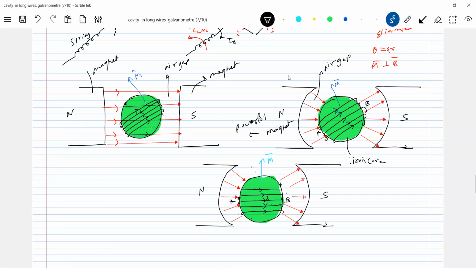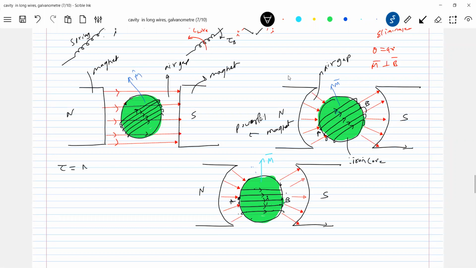So let's write some mathematical equations. So how will that current be measured? We'll write some set of equations. Okay, let's go for writing the equation. So what is the torque due to dipole moment?